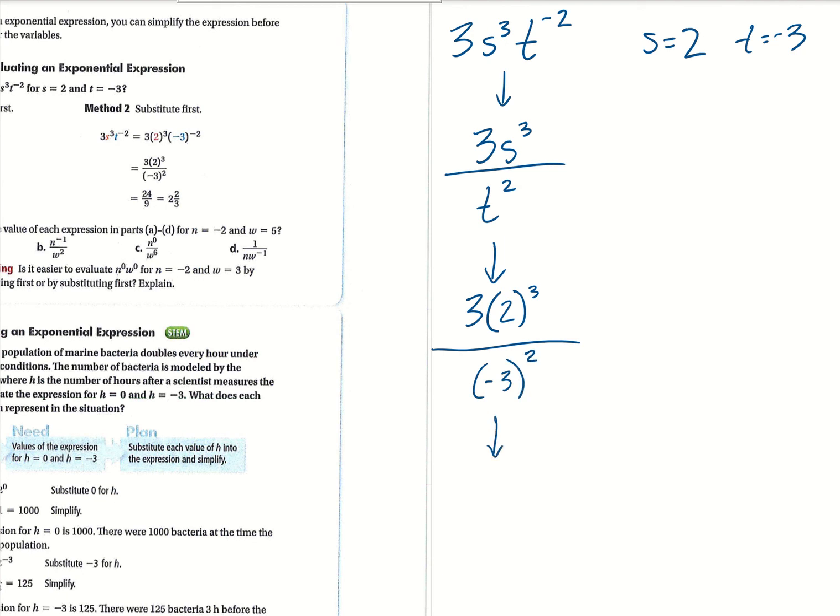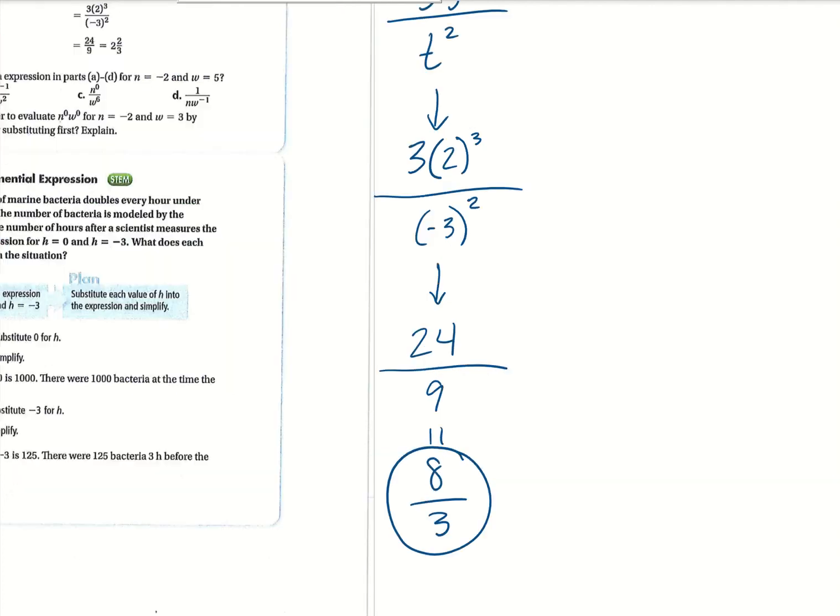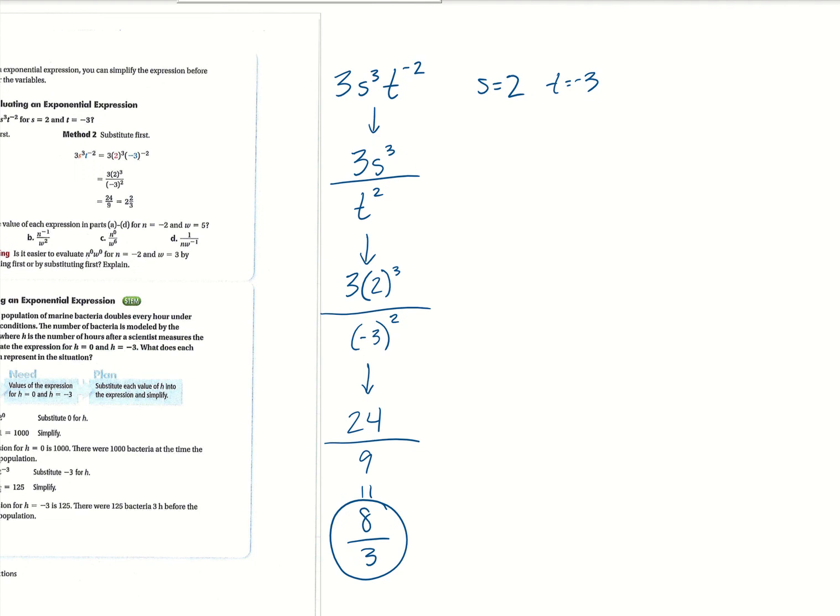Okay, and then I can go ahead and simplify this the rest of the way down. 2 to the third power is 8. 8 times 3 is 24. And then -3 squared should give you +9. And if you want to simplify that, you can. That should be 8/3. All right. Okay, so that's if I simplify by moving the variables first.